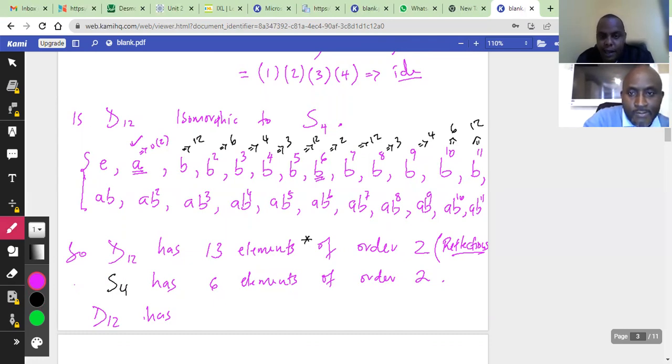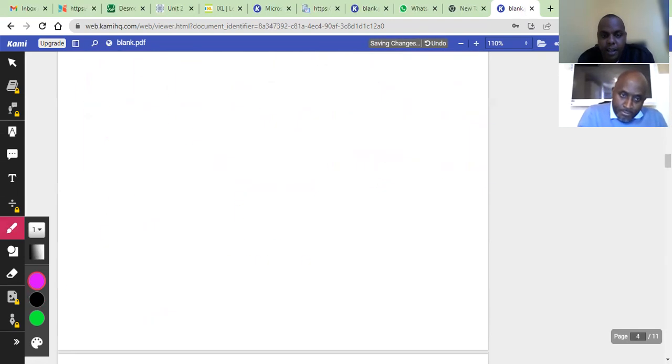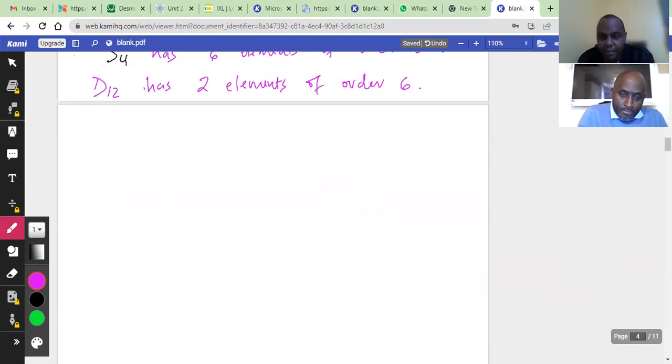D12 has 2 elements of order 6. But S4 has no element of order 6.